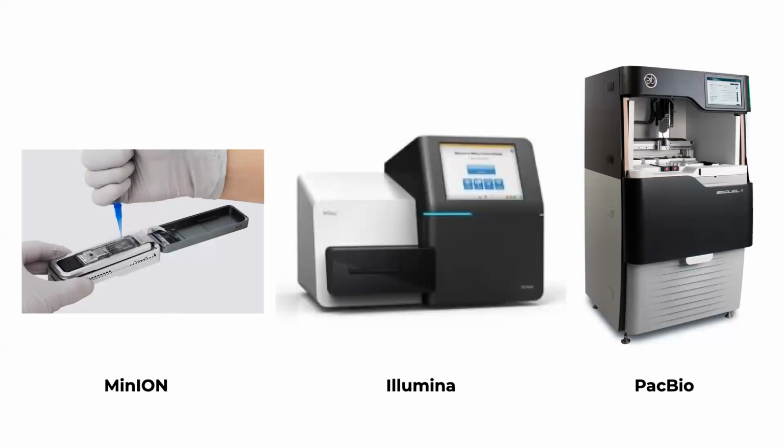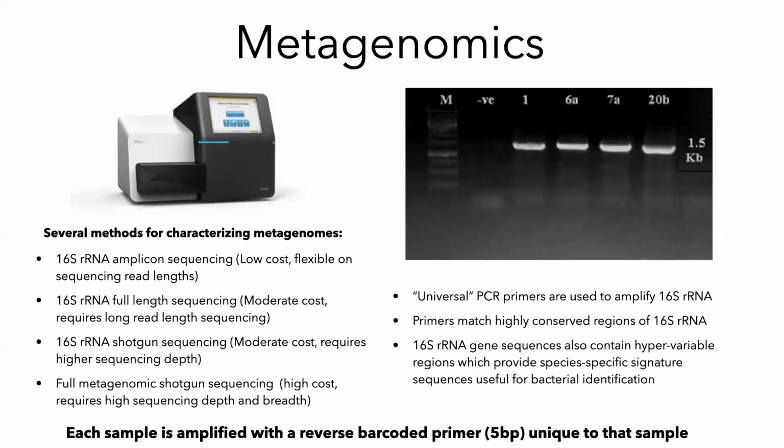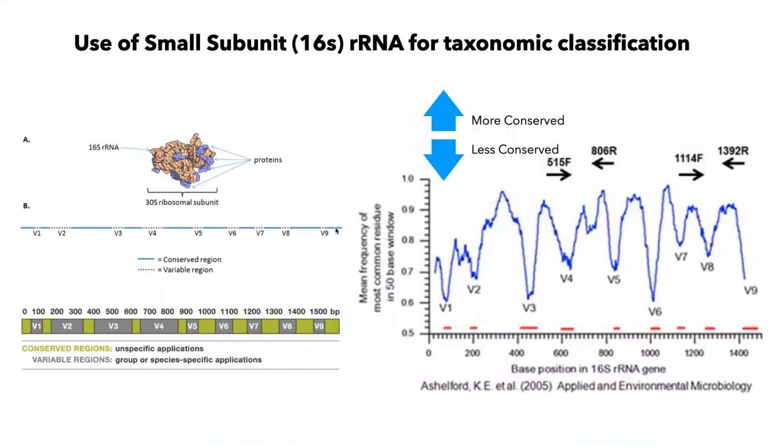So when we talk about 16S amplicon sequencing, we are talking about taking the 16S ribosomal RNA gene. That gene is about 1,500 nucleotides long, or 1.5 kilobases, and it includes a number of different hypervariable regions that could be amplified using specific primers. Here you can see the full 16S ribosomal RNA.